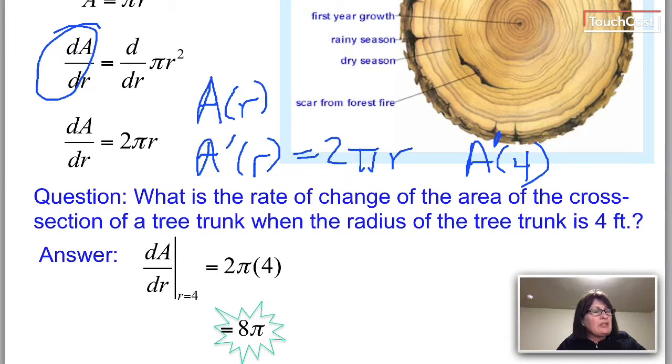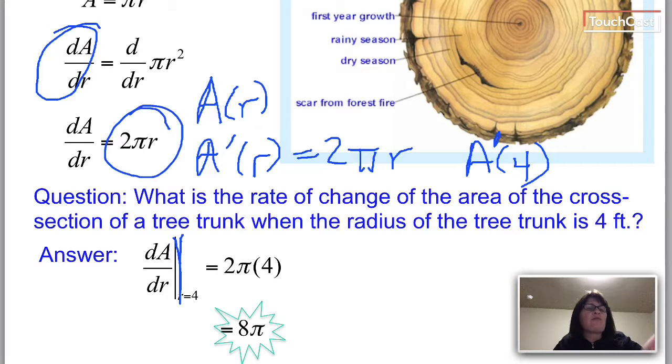So we need a notation to say that same thing when I use the other form of derivative notation. So what we use is this tall bar, and I read that "evaluated at." It's the same tall bar you saw when we practiced finding numerical derivatives on your calculator. So I would say dA/dr evaluated at r equals 4 is 2 times pi times 4.